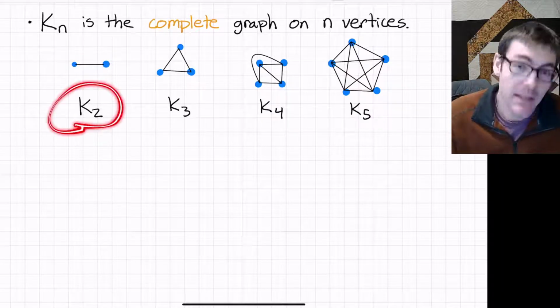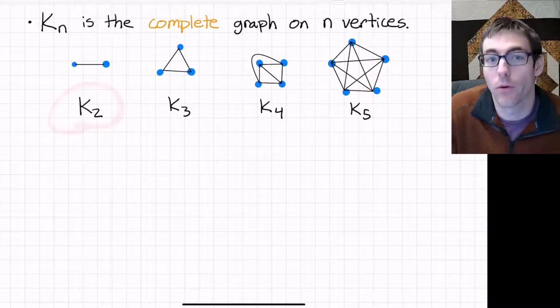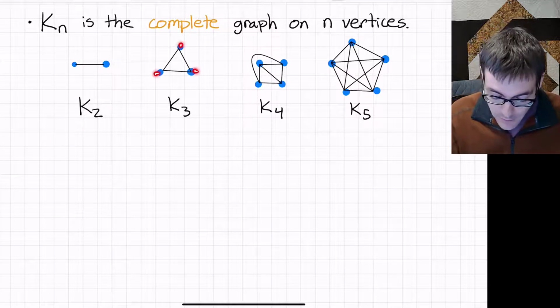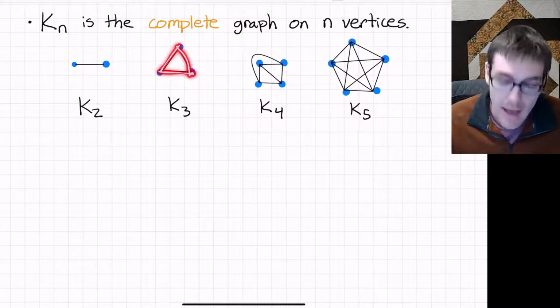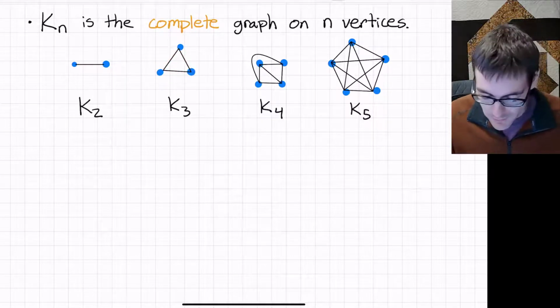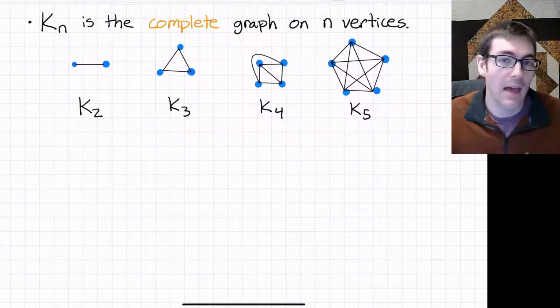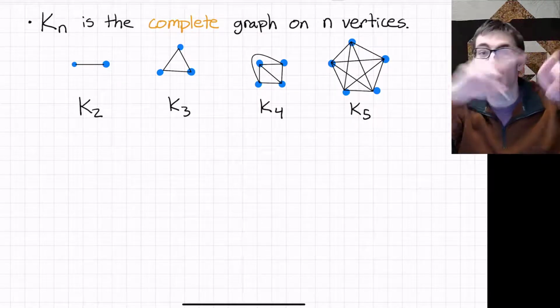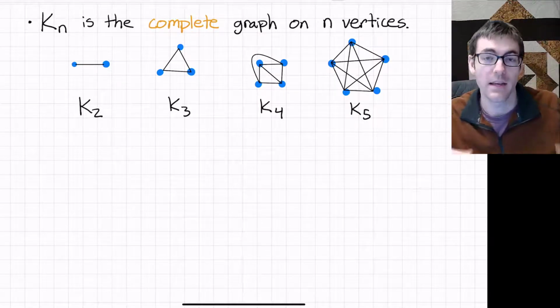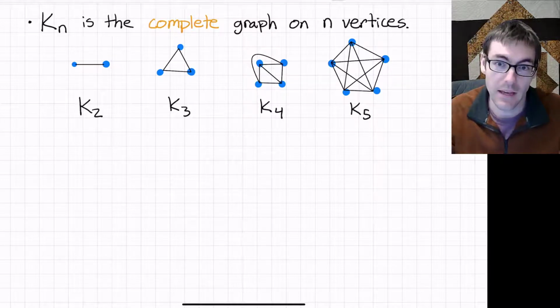That gives us K2, or the complete graph on two vertices. K3 is the graph that has these three vertices, and again has all possible edges. This pattern continues. K1000 would be 1,000 vertices, and between any pair of vertices is an edge.